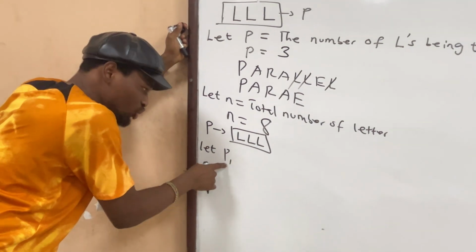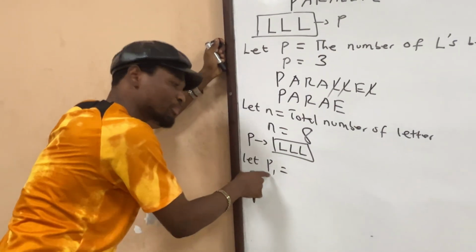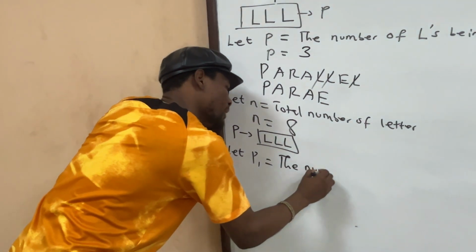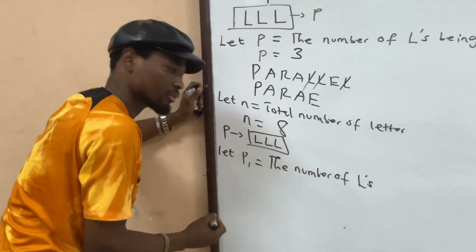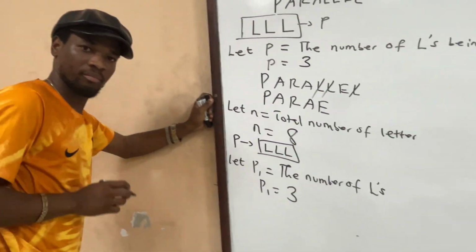let P1 come from the set of the P. So let P1 represent the number of L's. Therefore, P1 here is equal to 3.